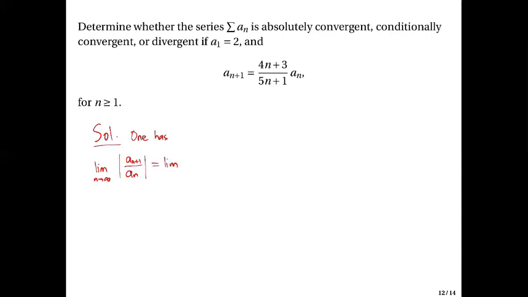If we plug in a sub n plus 1 over a sub n, we just divide by a sub n and get 4n plus 3 over 5n plus 1. As n approaches infinity, this is just 4 over 5. Again, this is less than 1. So the series a sub n with this information is absolutely convergent.